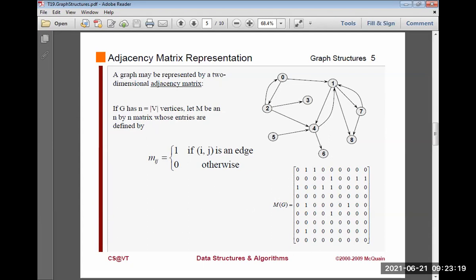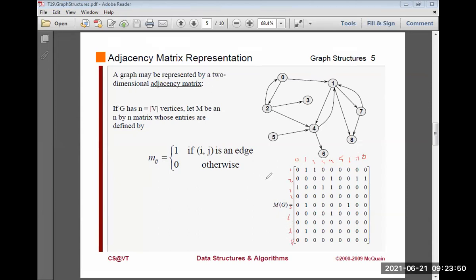See here, this is 0, 1, 2, 3, 4. Just write in alphabetical order, numeric order. 7, 8. So first you write this type of matrix in this order. 1, 2, 3, 4, 5, 6. 1, 2, 3, 4, 5, 6, 7.